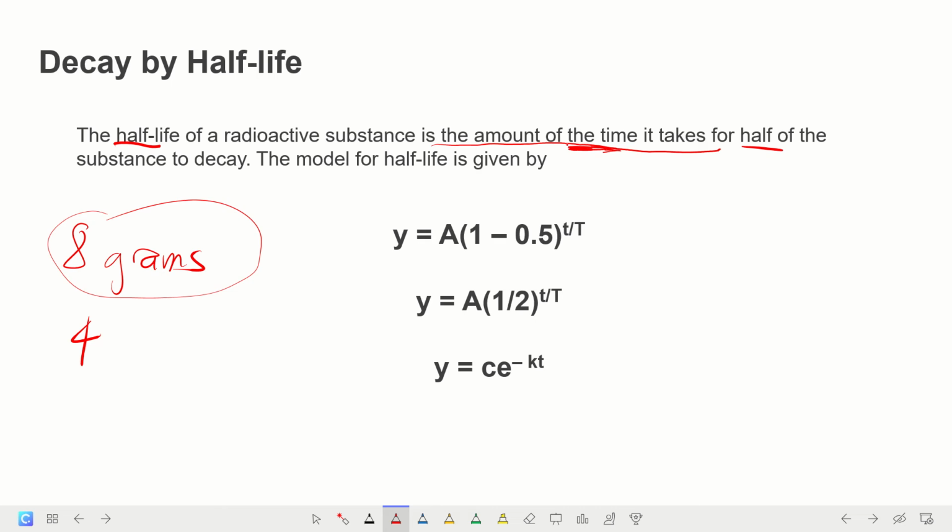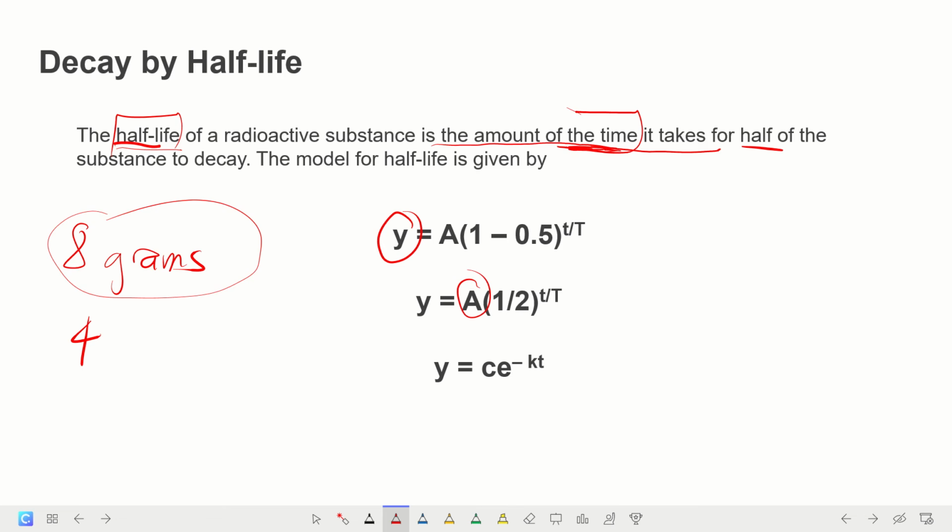So here, instead of looking for the value of the half-life, we're going to look for the value after the defined half-life. We're going to look for the future value of the radioactive substance, or maybe we can also look for the initial value.